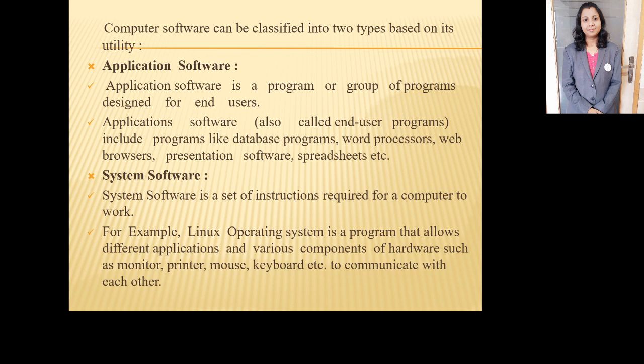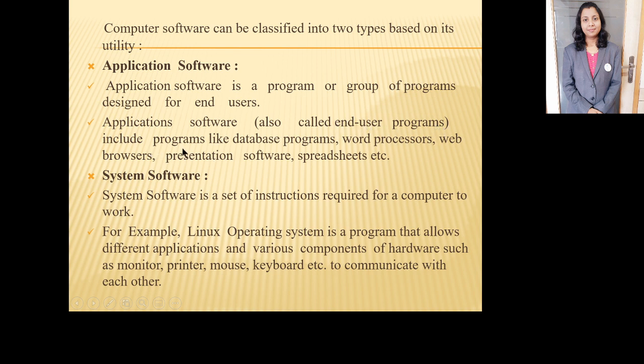So next, computer software can be classified into two types based on its utility. Okay, on the basis of how it is utilized, the computer software is also categorized. The first is application software. What is it? It is a program or a group of programs designed for end users. Application software is also known as end user programs.